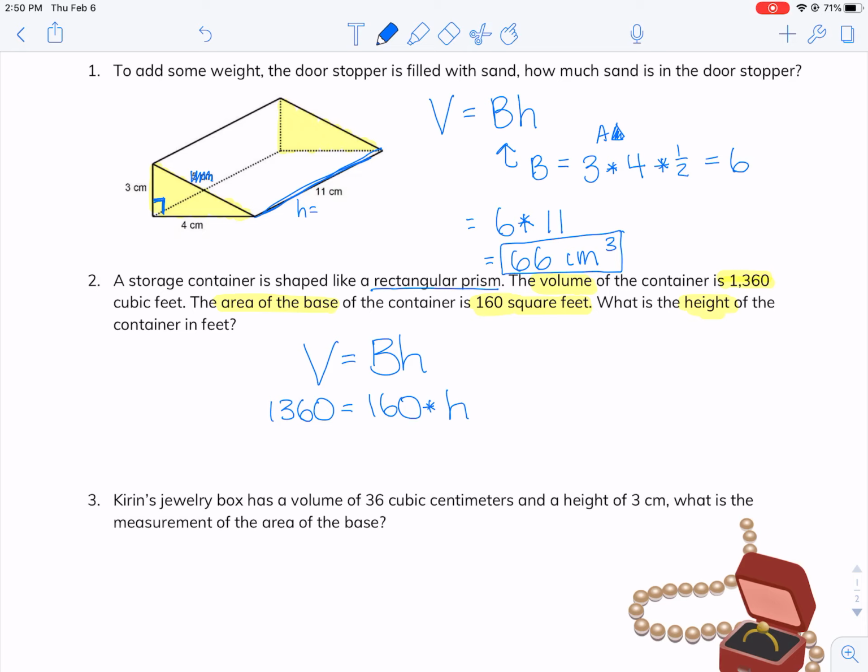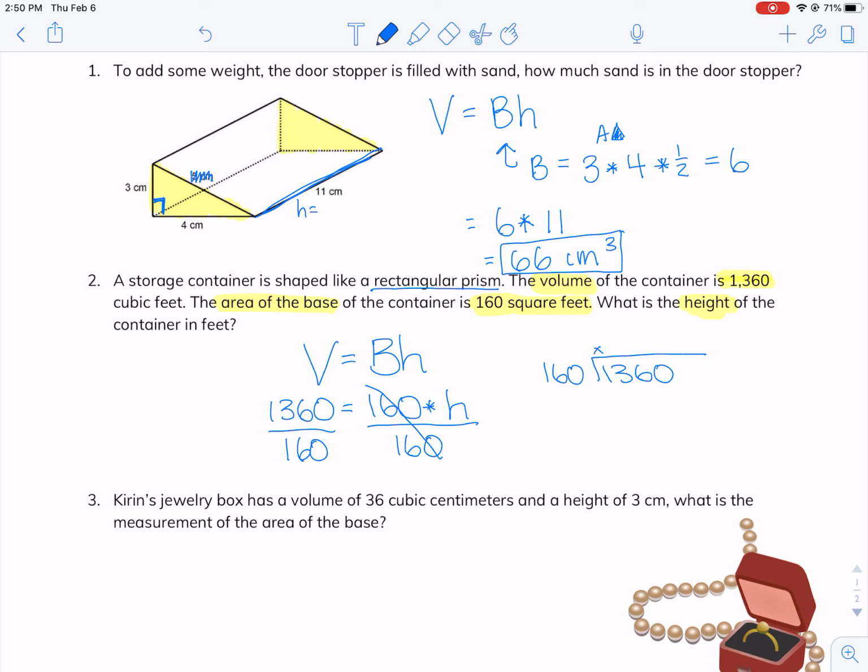So we can divide both sides by 160, and that can get H by itself, and we would be able to figure out our height. So I'm going to divide 160 into 1,360.